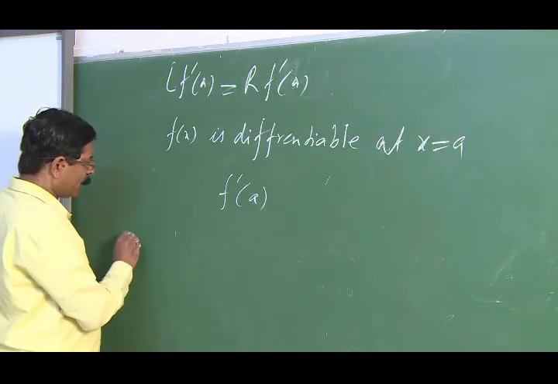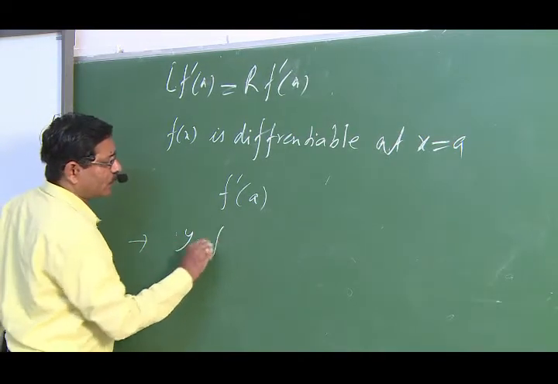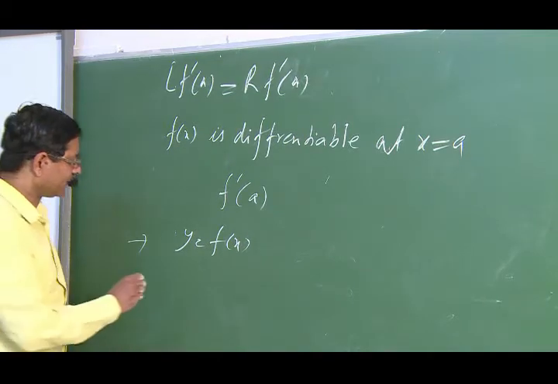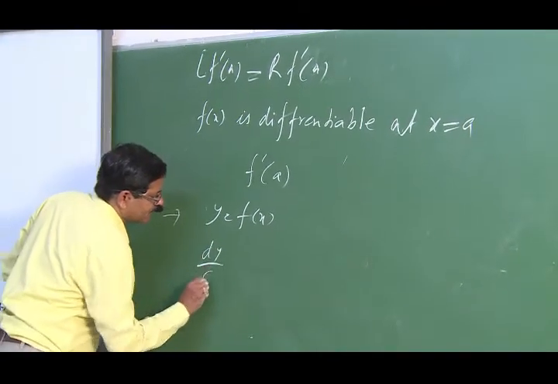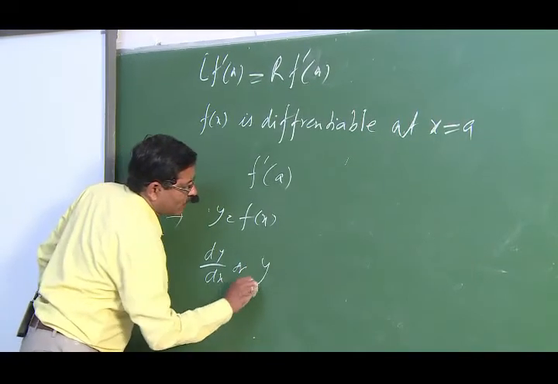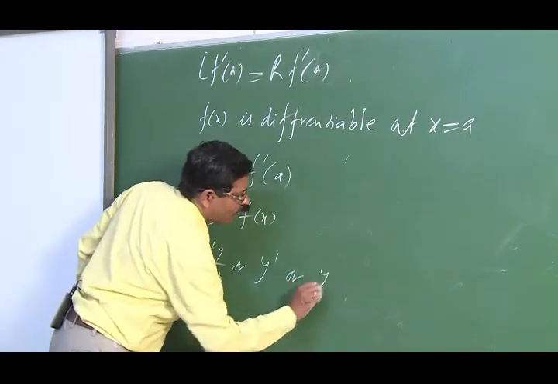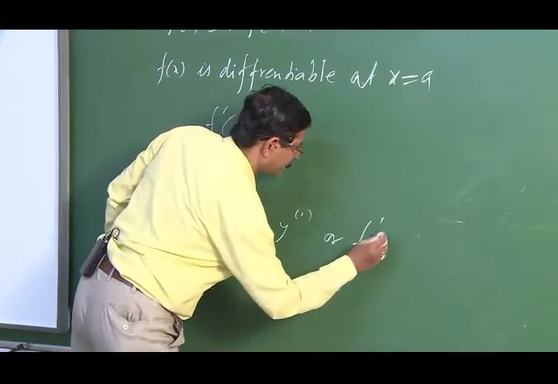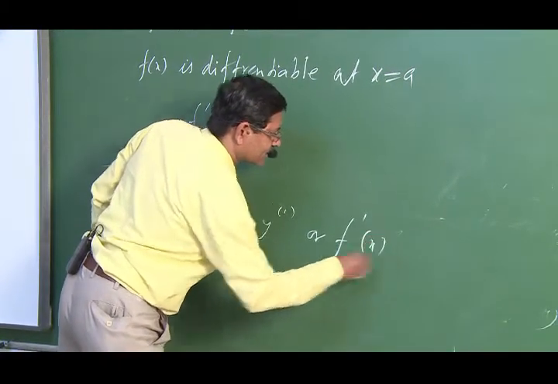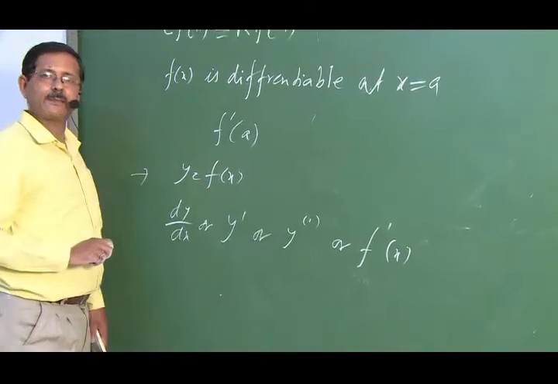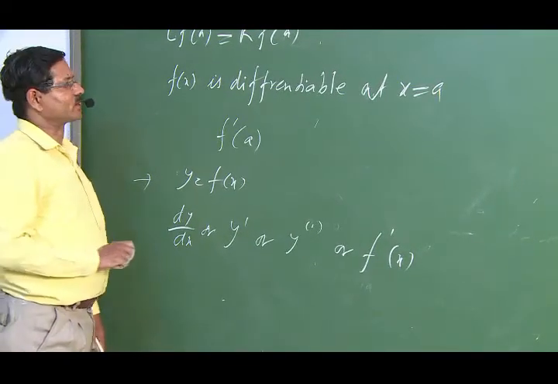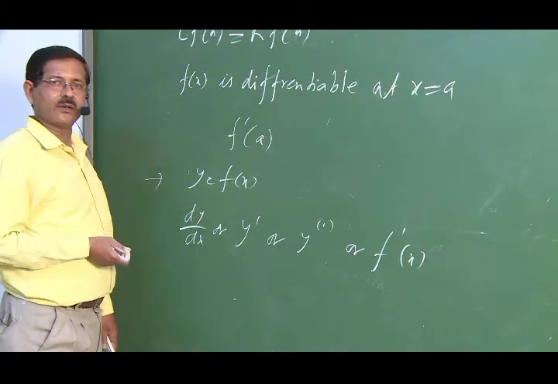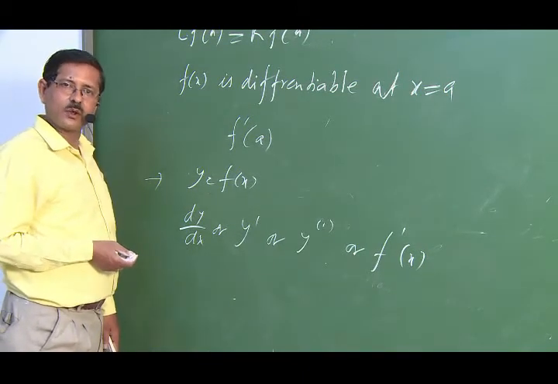Okay. Now, let y = f(x) be any real valued function, then dy/dx or y' or y1 or f'(x). These expressions represent the differential coefficient of f(x) with respect to x, the derivative of f(x) with respect to x.